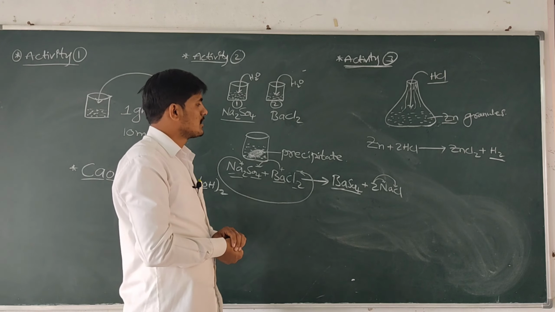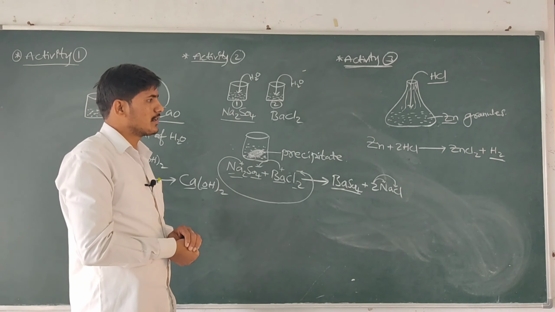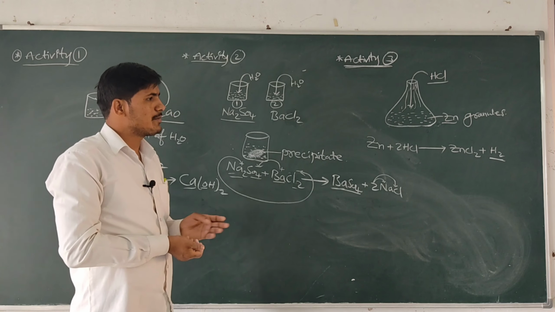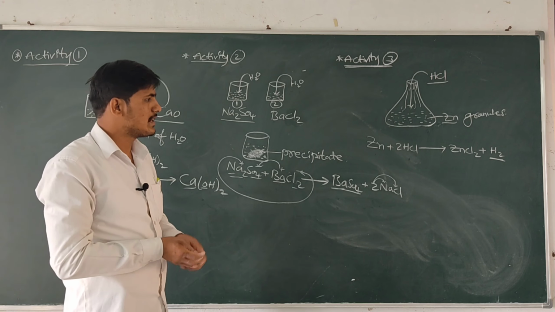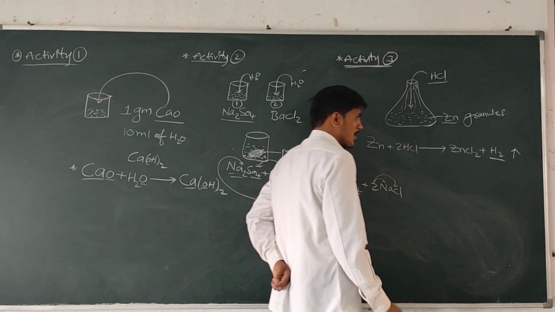In chemical reactions, gas can be evolved. When gas is evolved, it is indicated by using the upward arrow mark.